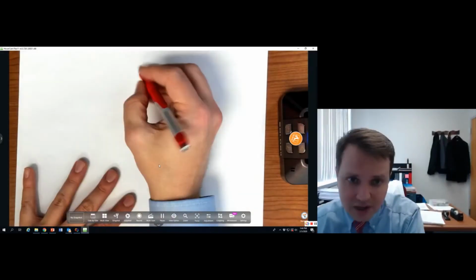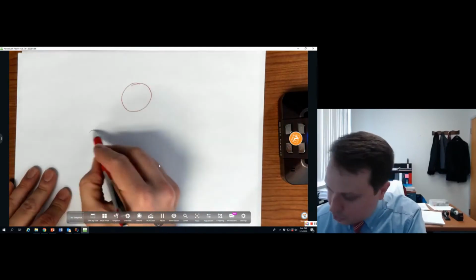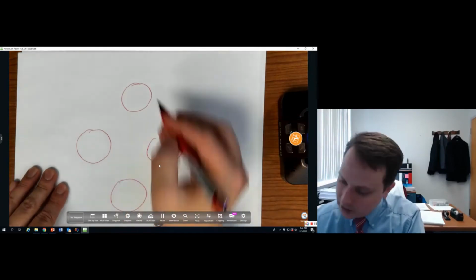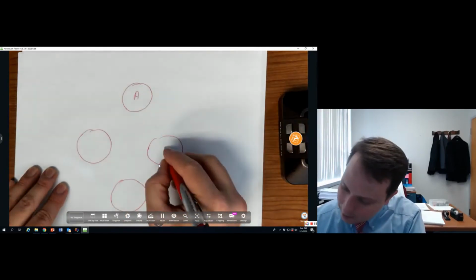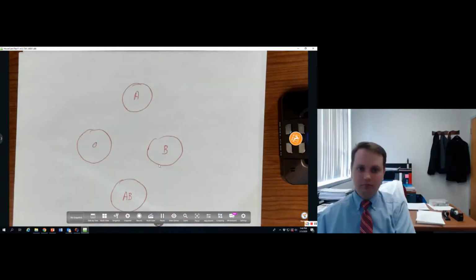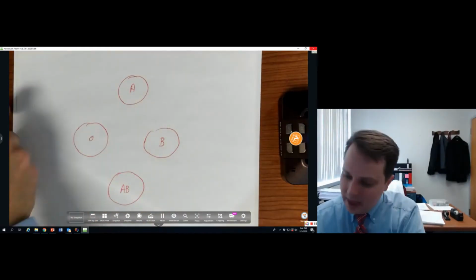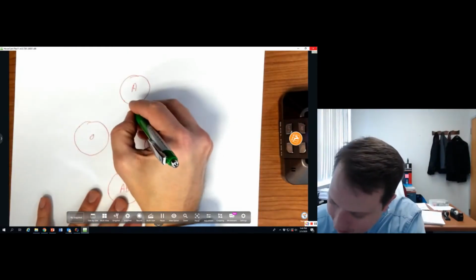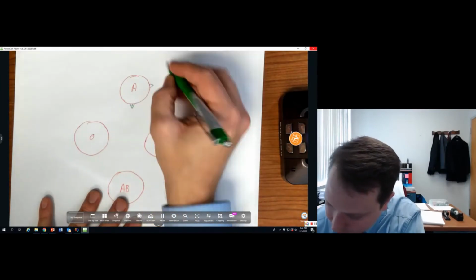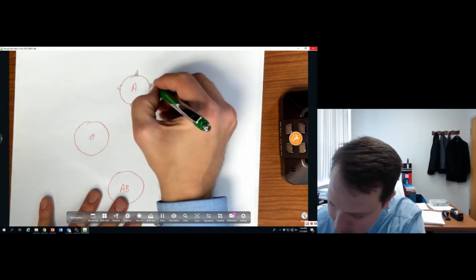And to do this, I'm going to draw 1, 2, 3, 4 cells. A, B, AB, O. Okay, so with that, remember A has, and I just used triangles for A because they look like A's to me.